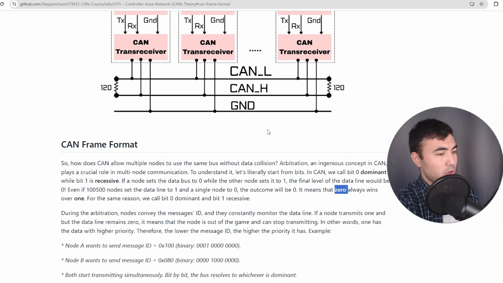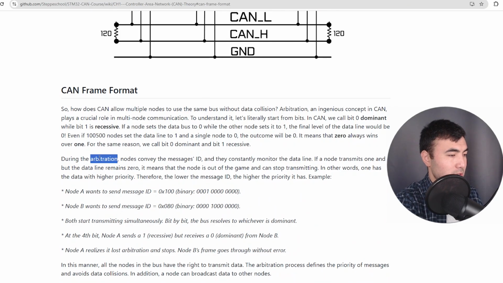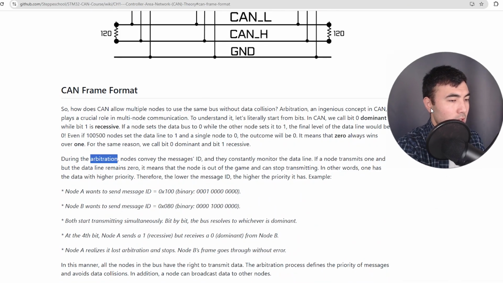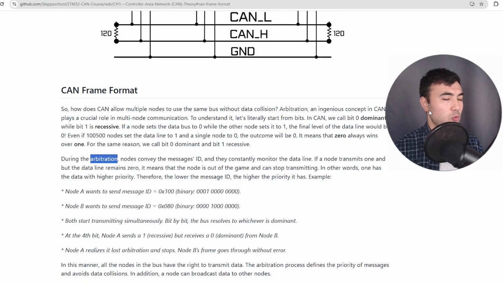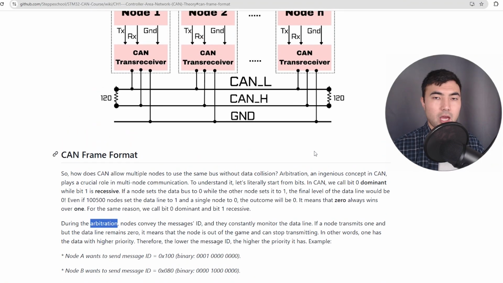Let's move on and talk about the arbitration process. Arbitration is a period when multiple nodes fight for the right to control the data line. Eventually, after the arbitration, one of the nodes takes control of the data line and can transfer the data. So how does it happen?